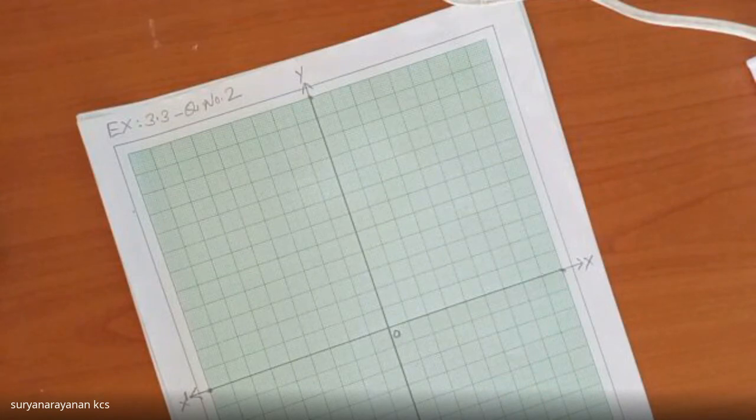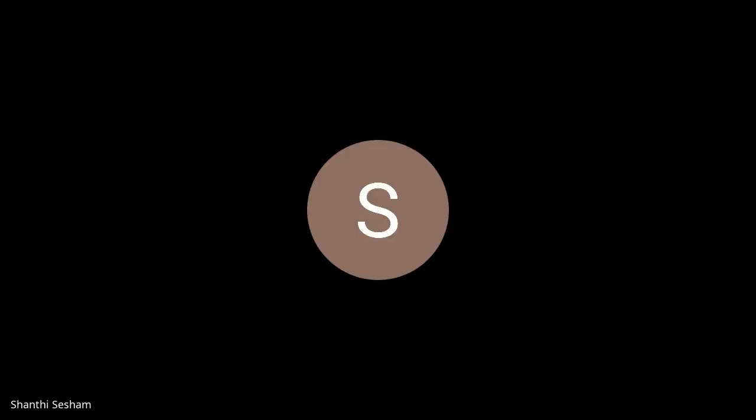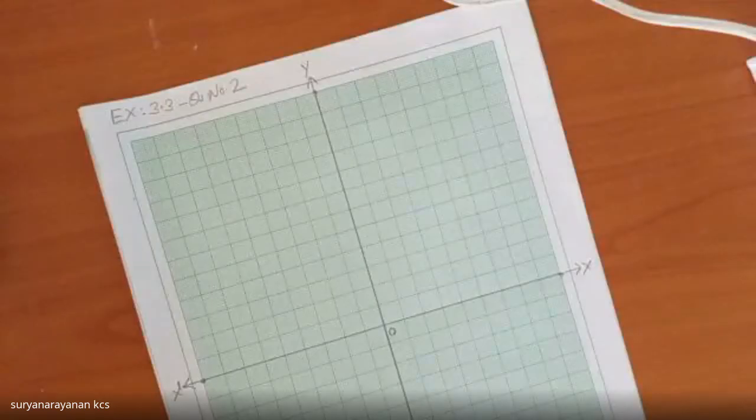How many points are given? Observe the table. 5 points. Very good. 5 points are given.